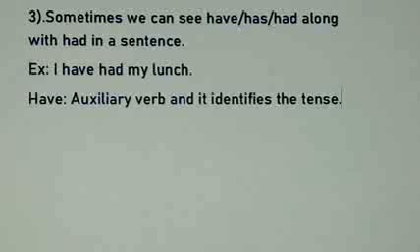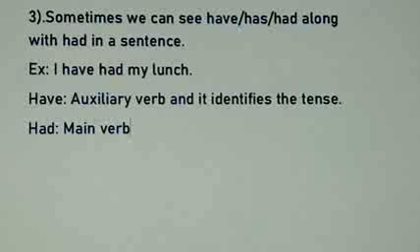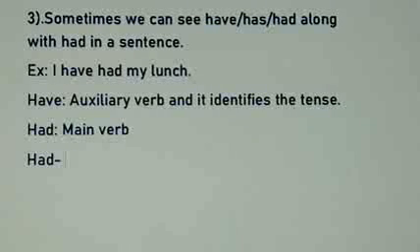Now your next question will be that if have is identifying the tense or working as an auxiliary verb, so what is the use of had over here? So my dear children, let me tell you, the use of had over here is like a main verb. Main verb. Okay. It means that in I have had my lunch, the word had is very much equal to eaten.